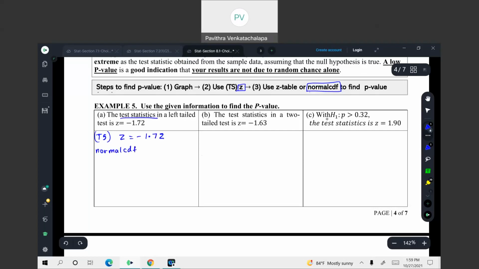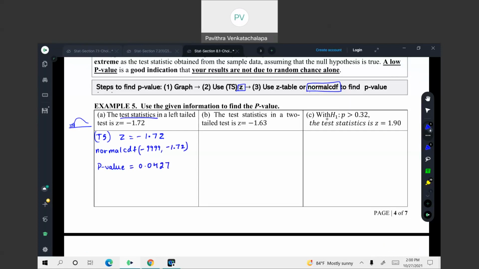Since it is left-tailed, your lower will be minus 999 and upper will be negative 1.74, and your p-value will be equal to 0.0447. You have to do this in the calculator and check whether it is correct or not.